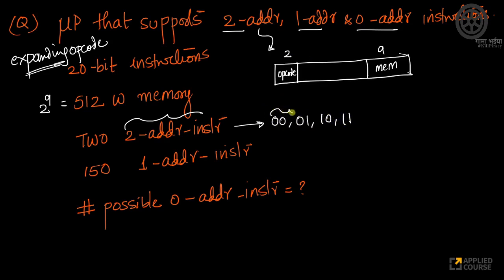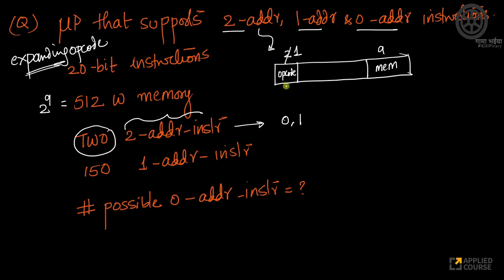If I take two of these values, I'll interpret this opcode to be an opcode of a 2 address instruction. Imagine if I took only 1 bit here. 1 bit can take only 2 values.